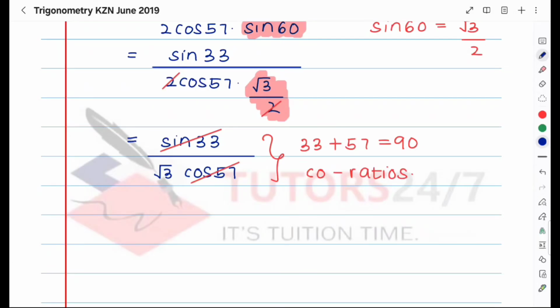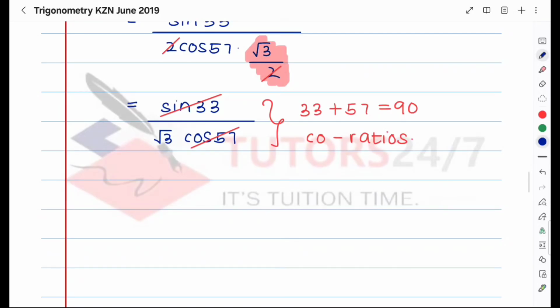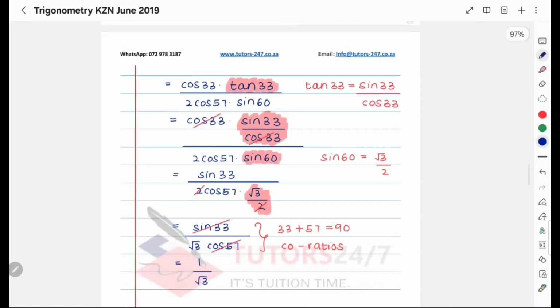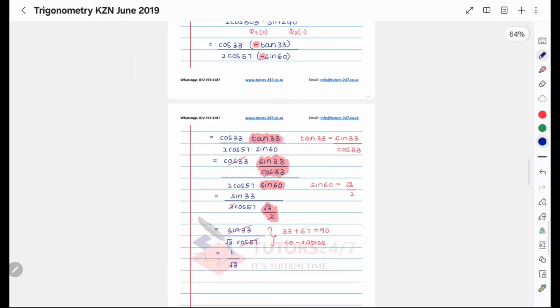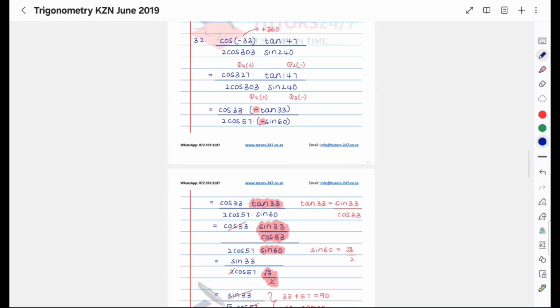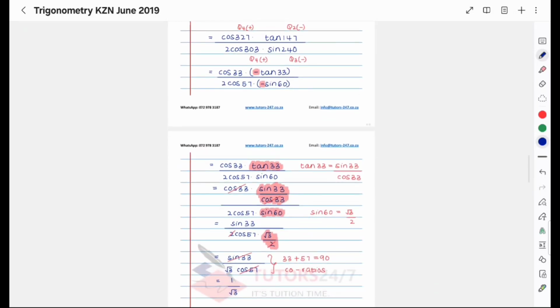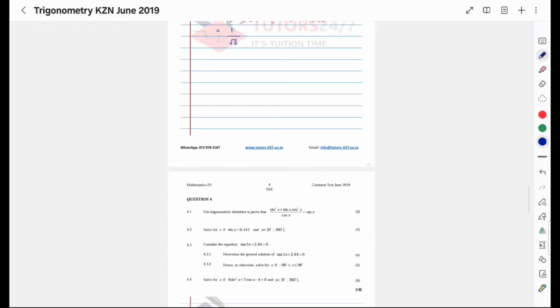So if you put sine of 33 into your calculator and you put cos of 57 into your calculator, they will give you the same value. So they cancel each other out, therefore giving us 1 over the square root of 3. So that is it. We were able to simplify question 3.2 into 1 over the square root of 3 using reduction, identities, and co-ratios.